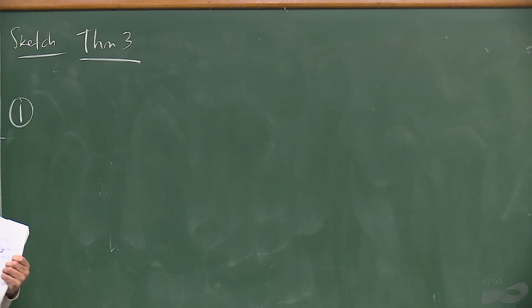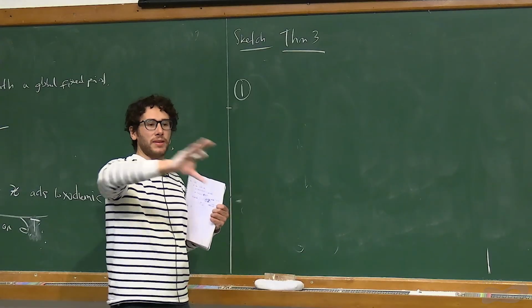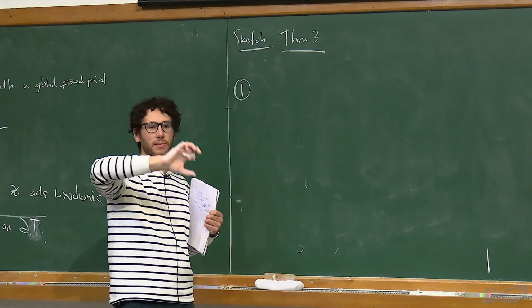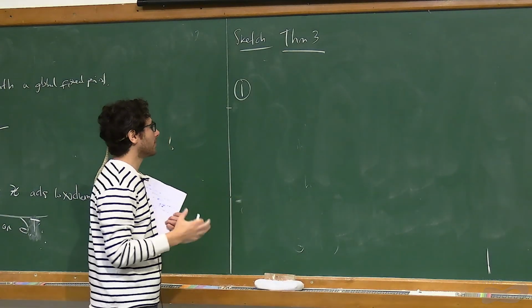When you look at Mostow rigidity, there's a gamma equivariant map between the boundaries.